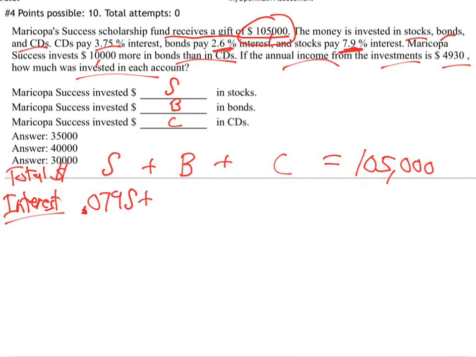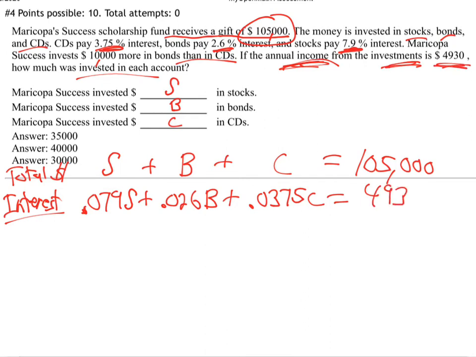The bonds pay 2.6, so move the decimal back 2 places, 0.026b. And the CDs pay 3.75%, move that back 2 places, 0.0375c. And the total income from those investments, total interest, is 49.30. That's the income they get from those investments every year, annual income.